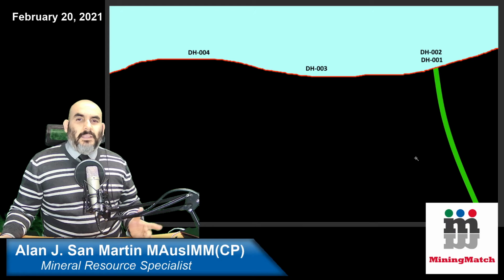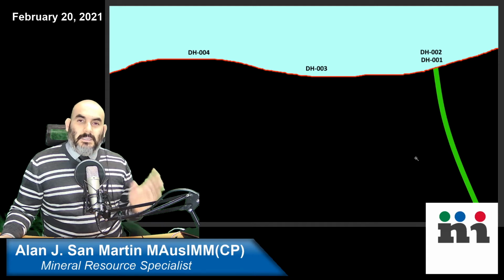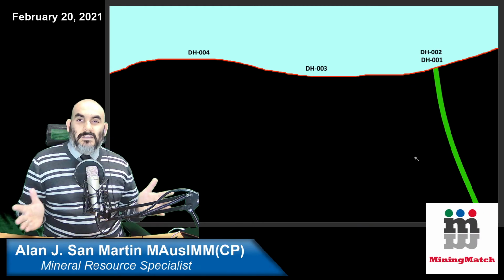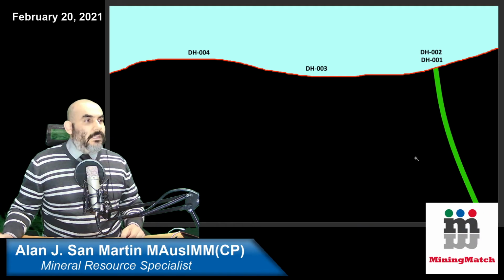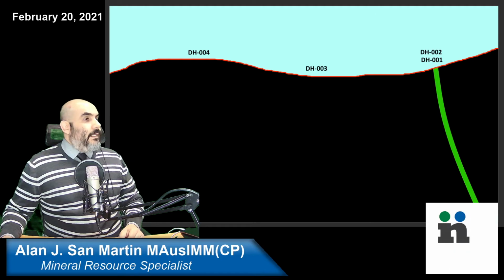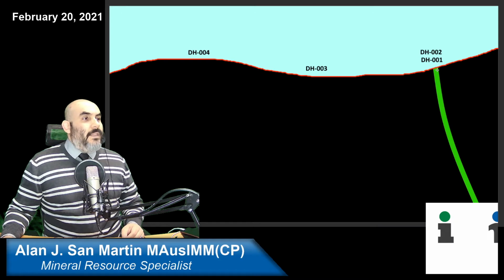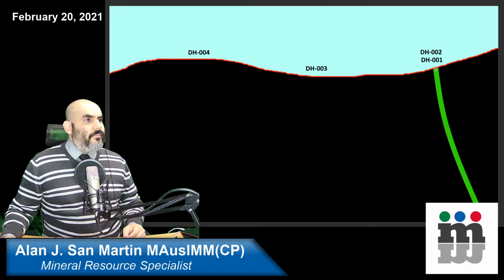Do you think the company is going to surrender and say, oh, there's nothing here, let's move on? No, you need to do at least a few drill holes before you go. So from the same platform, the company decides to do another drill hole in another direction, and maybe a little bit longer. So they start drilling here again.